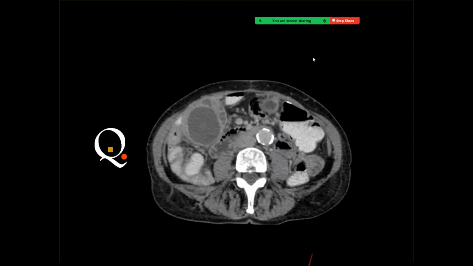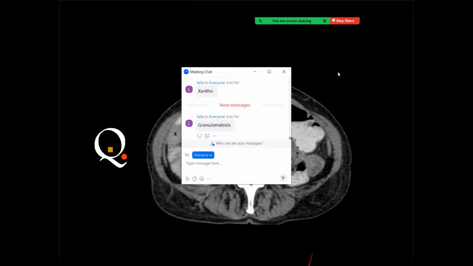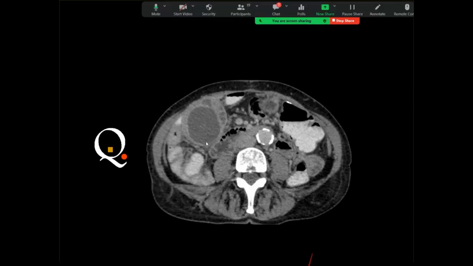Yes, and this is xanthogranulomatous cholecystitis. You know, we have xanthogranulomatous pyelonephritis in the coming module, and xanthogranulomatous cholecystitis, where you got inflammation of the gallbladder wall and marked thickening of the gallbladder wall, which may be sometimes mistaken for gallbladder cancer.